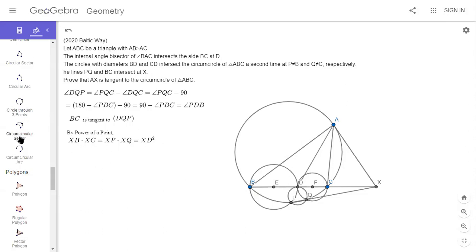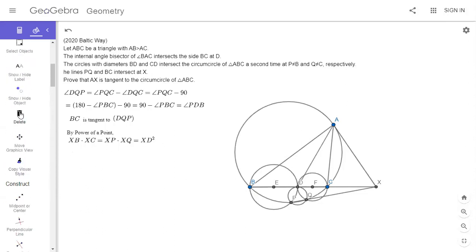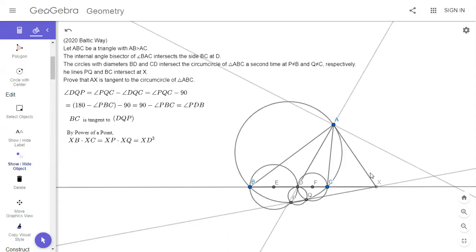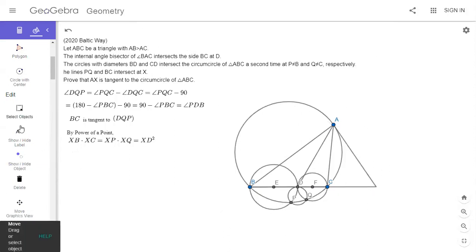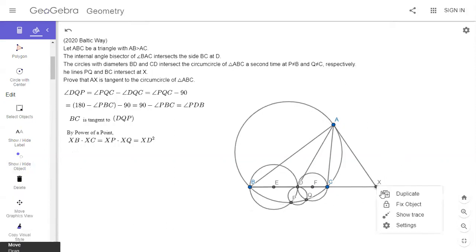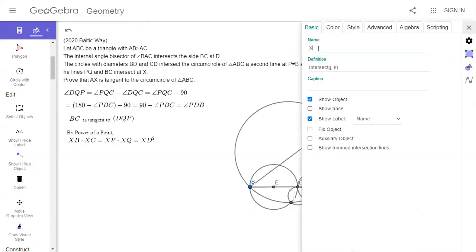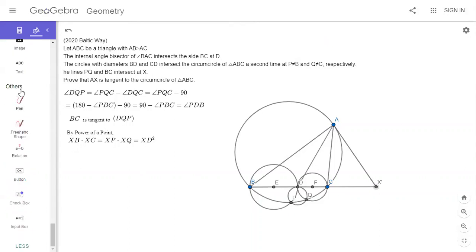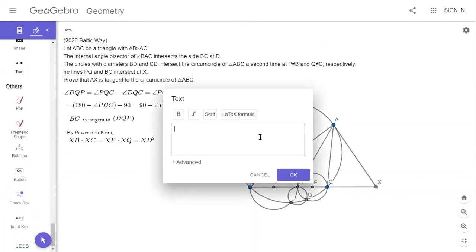Okay, so basically, if we hide a bunch of stuff, I'm going to let X prime be the intersection of the tangent at A with BC. Thanks for this idea, Irijon.